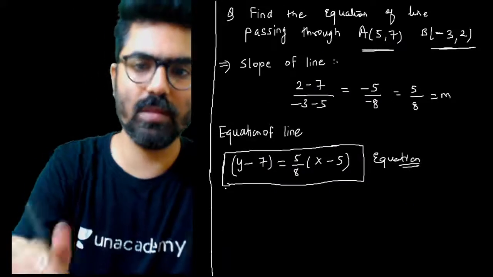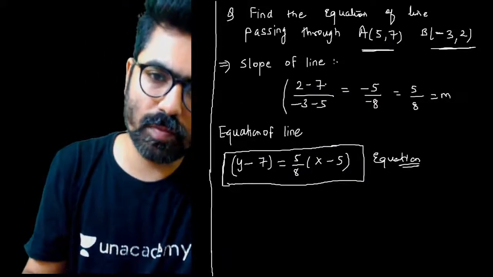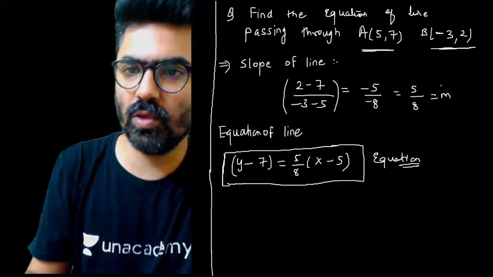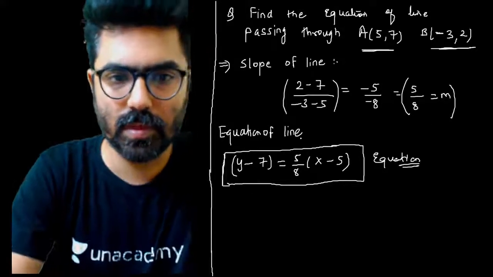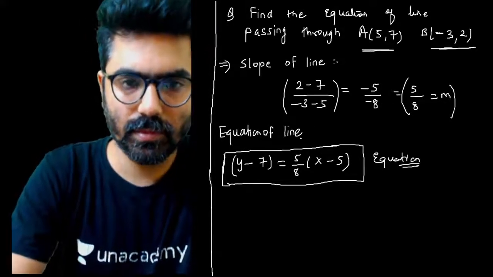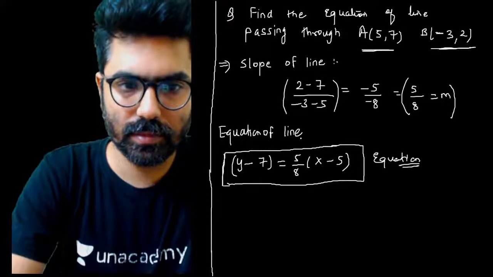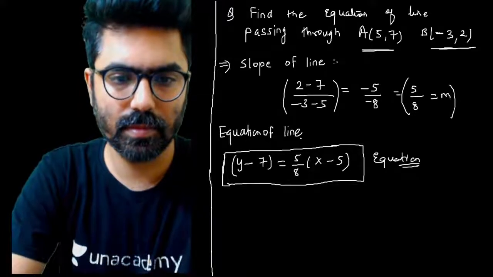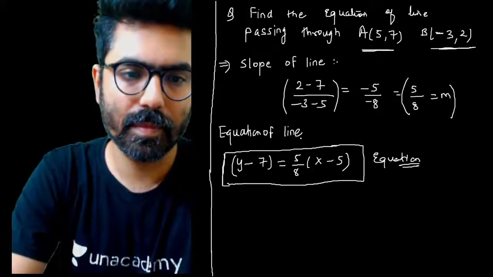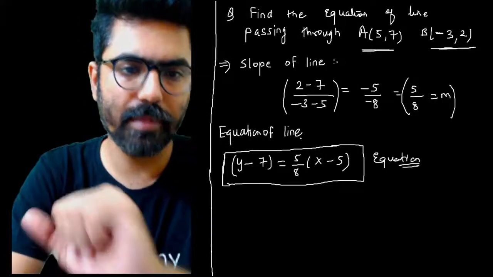So simple. First you have to find the slope. Once you get the slope, again you consider this as slope point form. Till now I think it is okay.